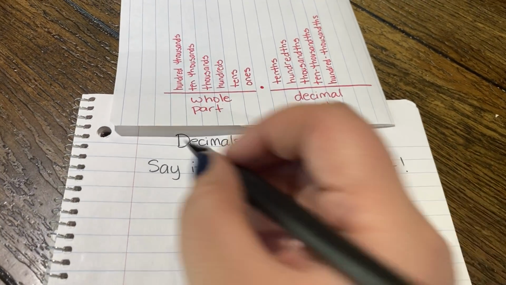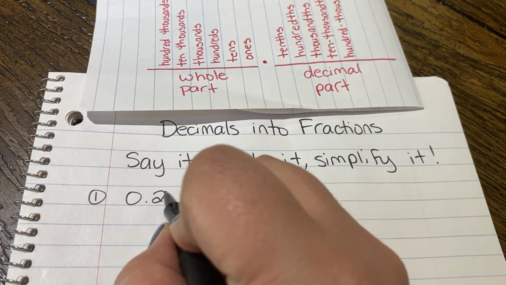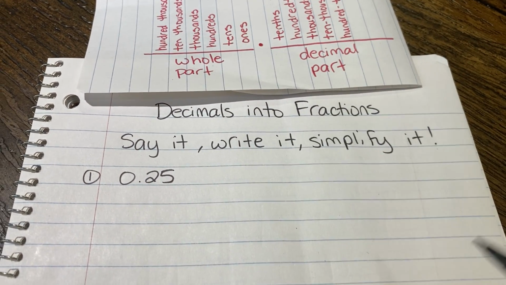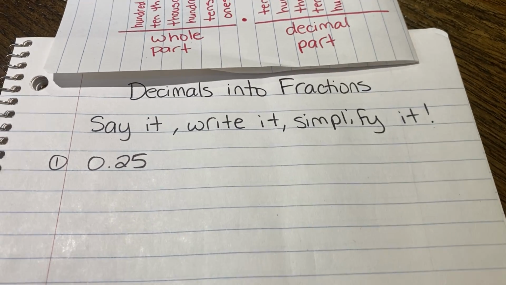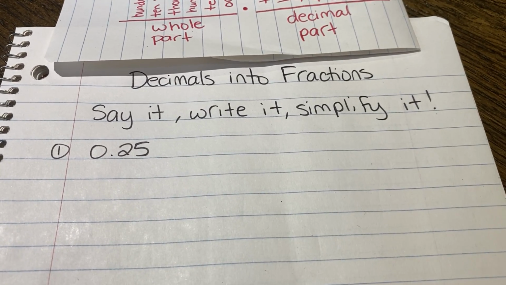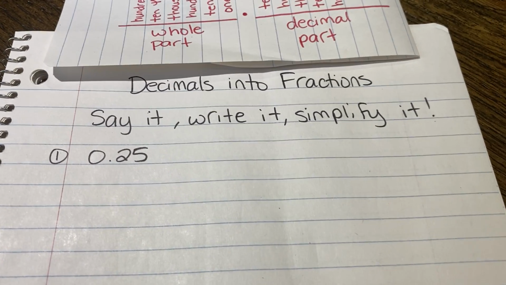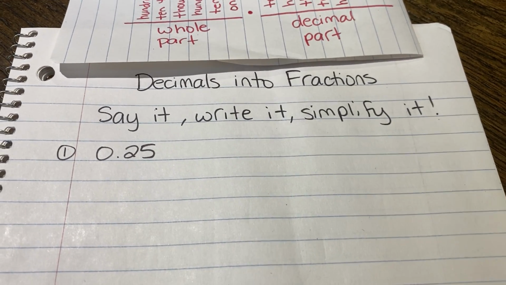All right, so our first example is the decimal 0.25. The way I typically say it whenever I'm writing it or talking about it is I just say the numbers, 0.25. But really, whenever you want to say this decimal, you don't want to say 0.25. You want to use place value.